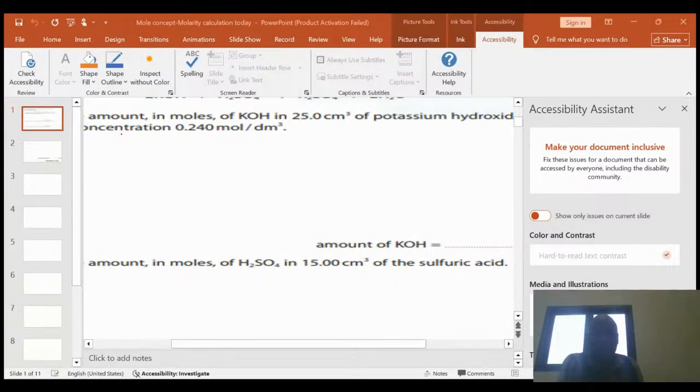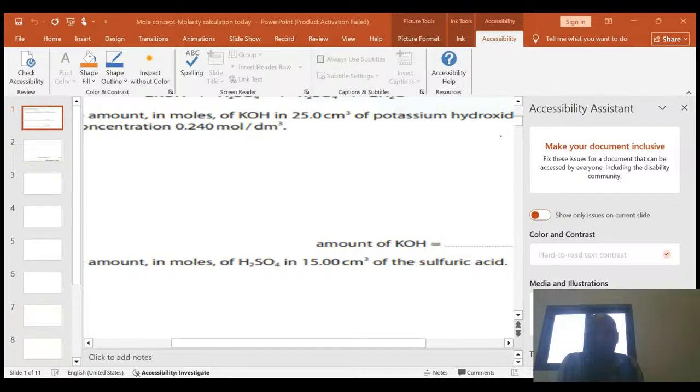For potassium hydroxide, they have given us the concentration, which is 0.24 moles per cubic decimeter. And they have also given us the volume, which is 25 cubic centimeters, the same as 25 over 1000 cubic decimeters.